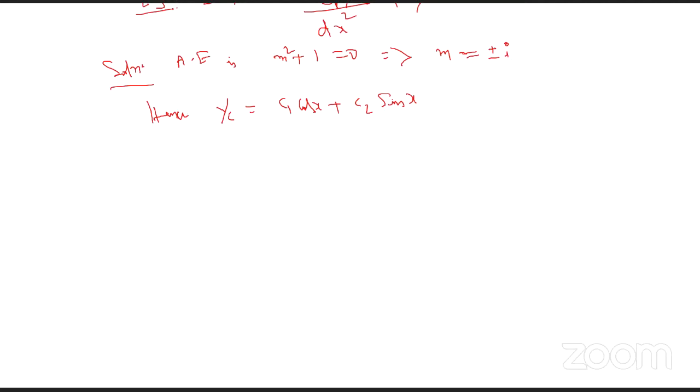Then to find the particular integration y_p, we write the operator form: (D² + 1) y = 3 e^(−2x). In place of a, minus 2 is there.